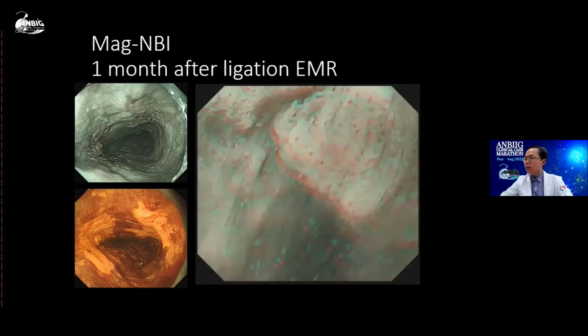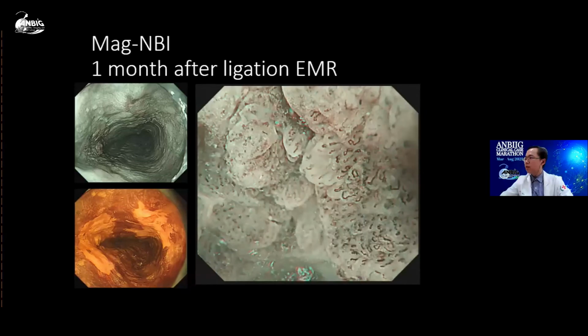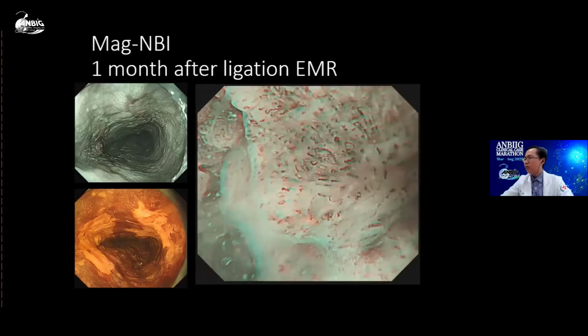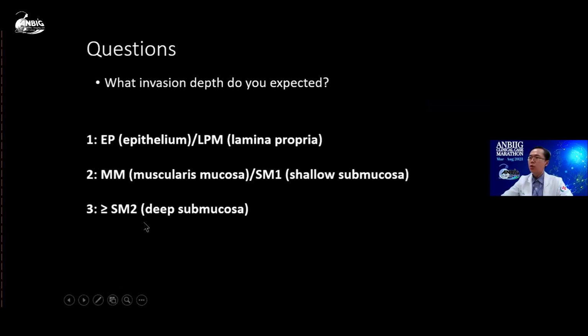No obvious B3 vessel was seen at that time. And we can see that after the ligation EMR, the previous EMR site was re-epithelialized by normal epithelium. So again, what invasion depth do you expect at this time?